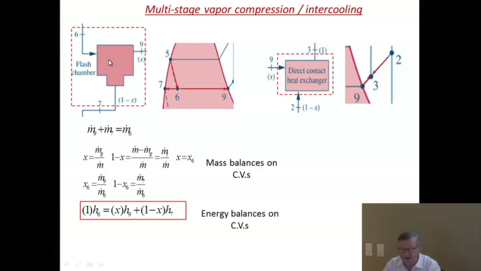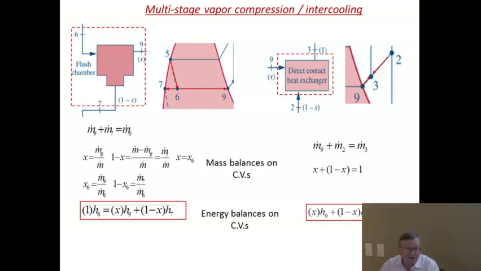Let's repeat the same exercise on the side of the heat exchanger. So M9 plus M2 equals M3, and M3, of course, is the total flow, which means that the conservation of mass equation, that's not fantastically difficult. X plus 1 minus X is 1.